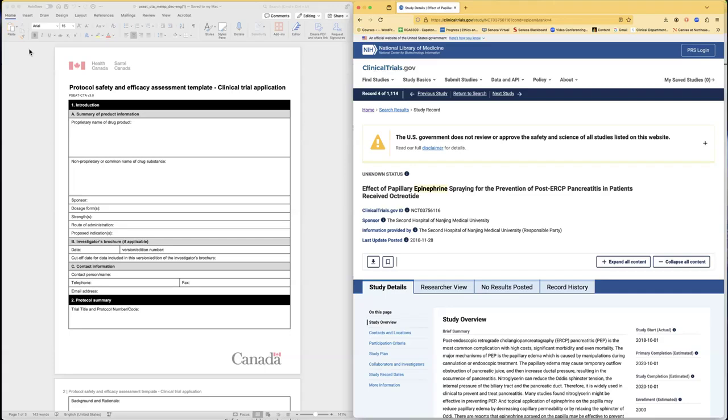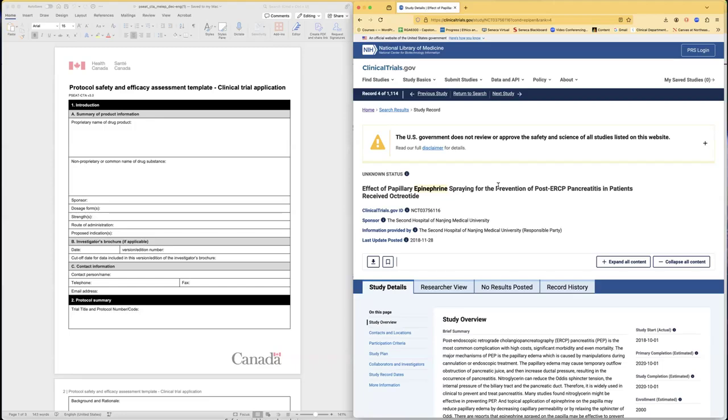So I am using an already existing registered product on clinicaltrials.gov with all of the information that is publicly available on the right side of your screen. And on the left side of your screen, I already went to the Health Canada website. I searched for the CTA, or clinical trial application, web page.